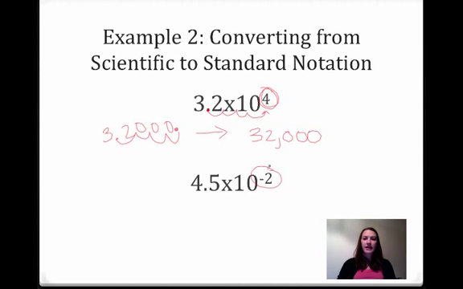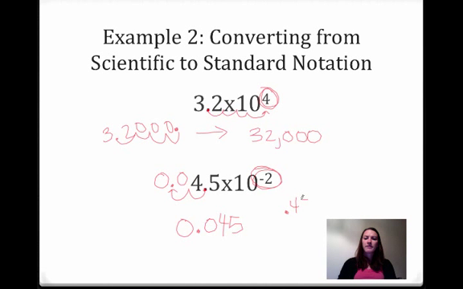All right, let's try our next one. This time we've got a negative exponent, okay? So for that negative exponent, you're going to move your decimal place to the left. So here, I'll start it out, and I'm going to move it over 2. 1, 2. Put my decimal point. I'm going to fill in my 0. I'm also going to put a 0 here on the other side of the decimal point just as a placeholder. So I'm going to have 0.045. Whenever we write decimals, we want to have that placeholder 0.